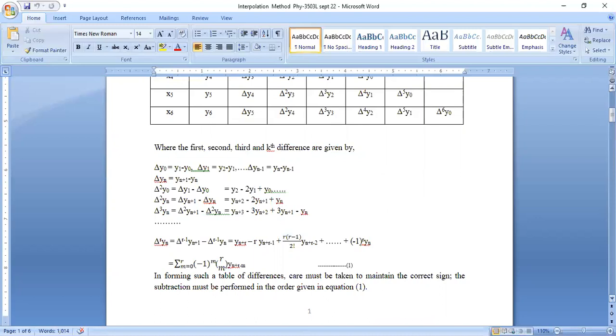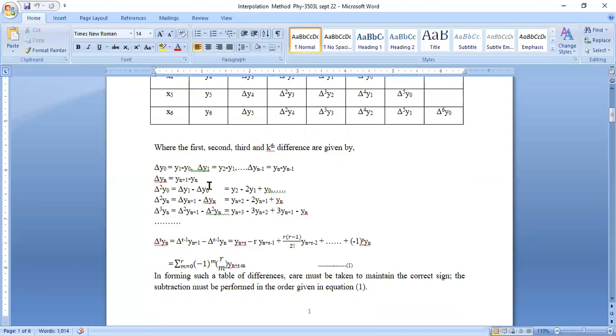The subtraction must be performed in the order given by this expression. Say delta y0 is y1 minus y0, right? Delta square y0 is delta y1 minus delta y0.